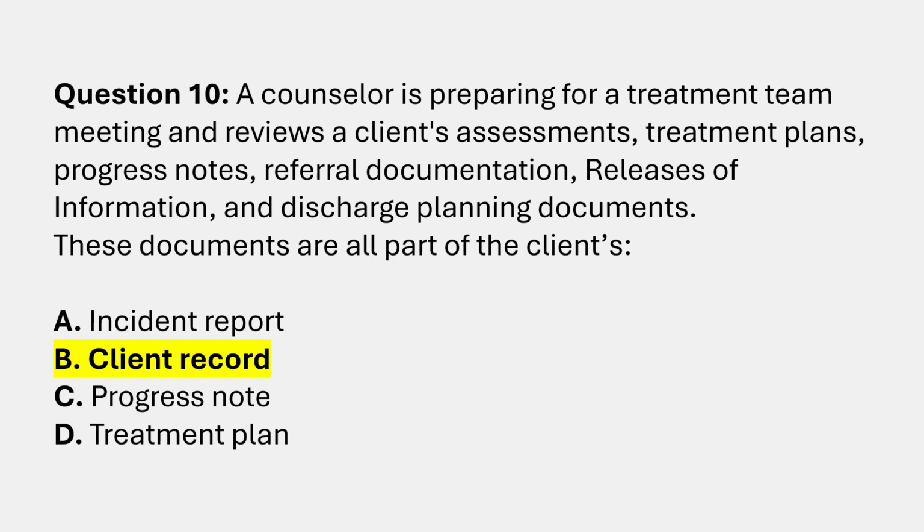C is incorrect because a progress note documents a specific session or service provided and is only one component of the client record. And D is incorrect because a treatment plan outlines goals, objectives, and interventions, but does not contain all documentation related to the client's care.